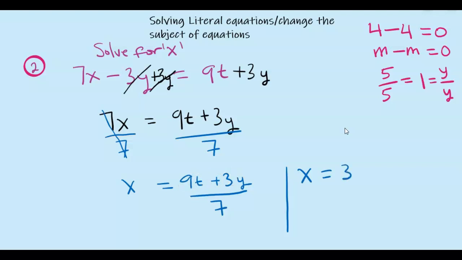So we take 3 out, parenthesis. 3 times what will give us 9? 3 times 3. So here it becomes 3t plus 3 times what will give us 3, which is 1. So here we got 1y, but we write it as y, and then all over 7. This is the simplest form we can get to, and we are done.